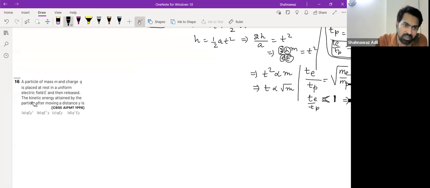Whenever you hear the name of kinetic energy, you just remember the work energy theorem. So what is the work energy theorem, guys?